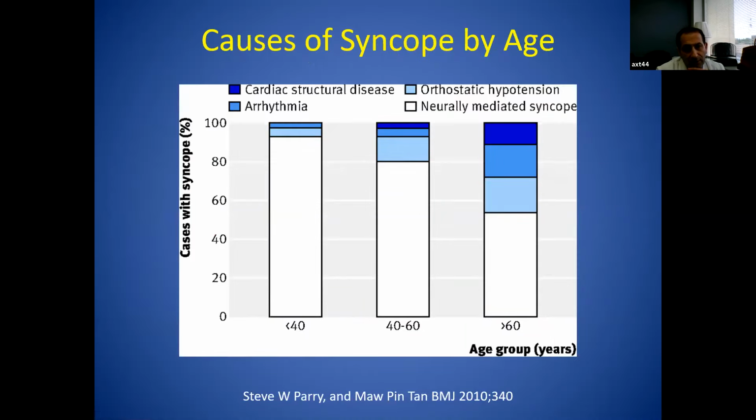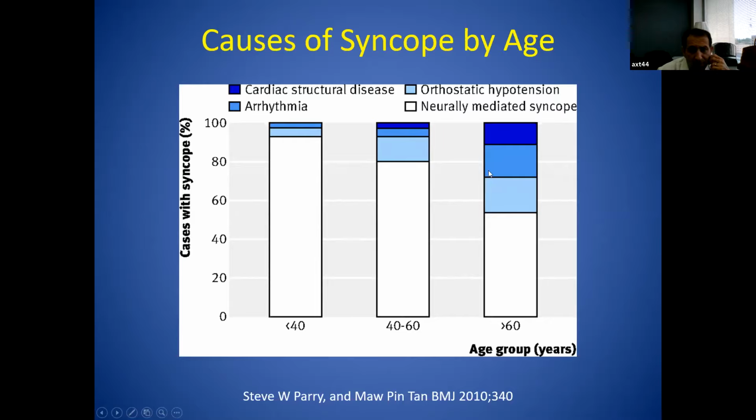This slide shows the breakdown of causes of syncope by age. So in young folks less than 40 years of age, predominantly you have neurally mediated syncope. Less orthostasis, less arrhythmias. As you progress through life, in this 20 years between 40 and 60 years of age, orthostatic hypotension becomes more prominent, arrhythmias, and also all of a sudden you start building up cardiac structural heart disease.